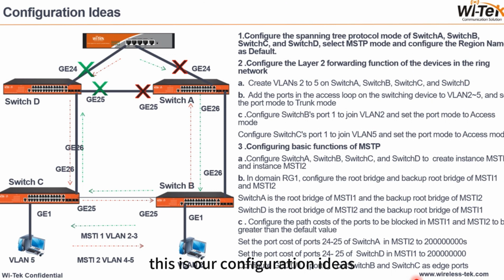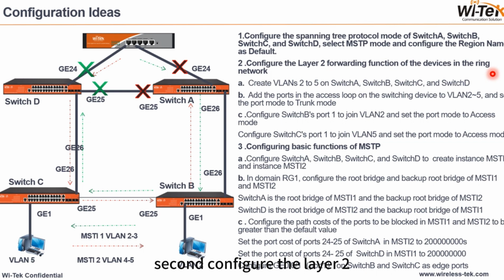This is our configuration ideas. Later, we will follow these configuration ideas to do the configuration. Let's have a look. First, configure the spanning tree protocol mode of switch A, B, C, and D. Select MSTP mode and configure the region name as default.